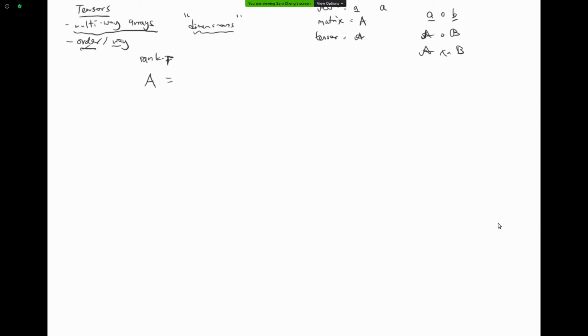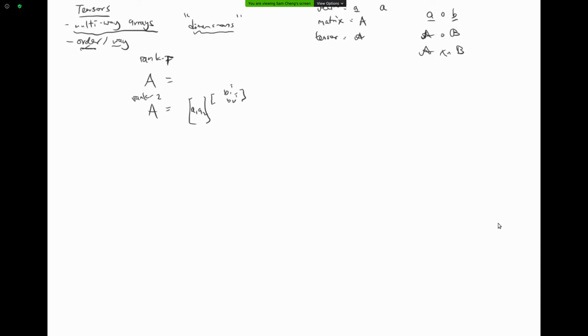So for example, if I have a rank 2 matrix, and I am able to decompose it into A1, A2, B1, B2, then I know it has to be a rank 2 matrix.